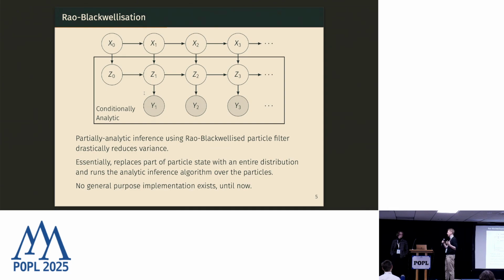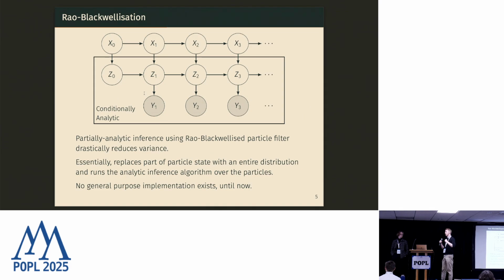To perform inference on this entire model, the usual technique is what's called a Rao-Blackwellized particle filter. The idea is you take your usual particle filter and replace the single value of Z in each particle with an entire distribution of Z associated with the X in that particle.